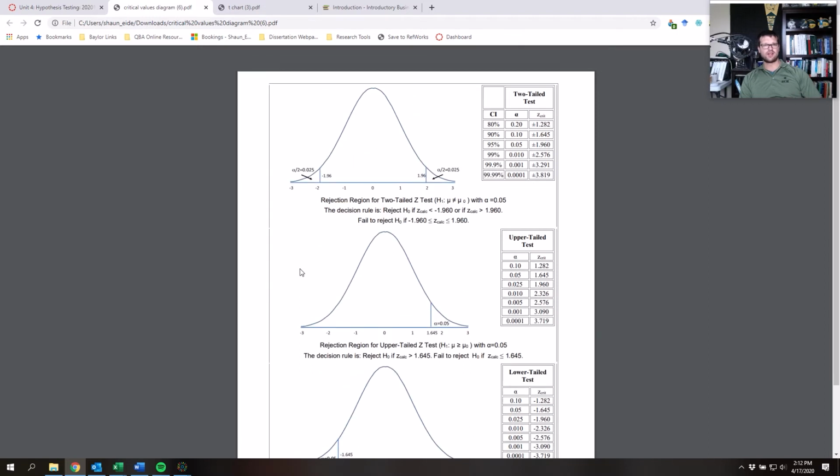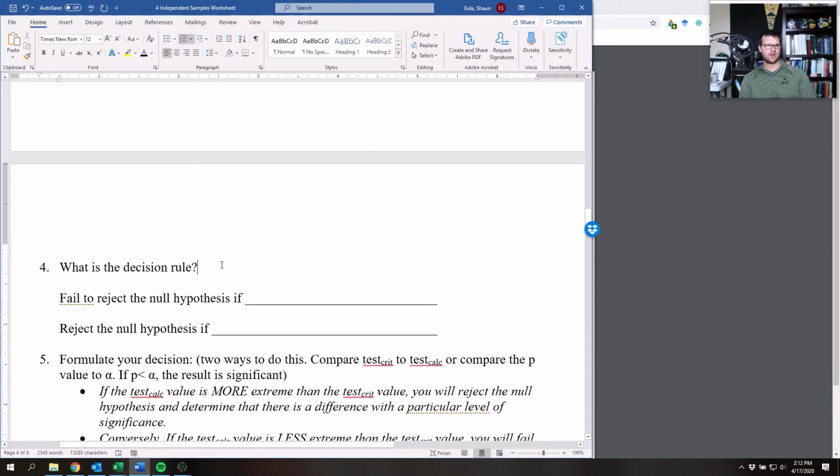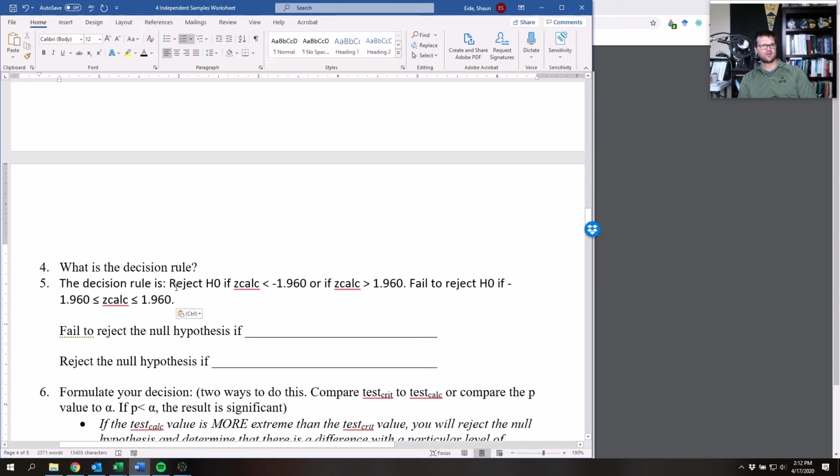So the decision rule is, for a two-tailed test, I'm just going to copy this and go back to here. Decision rule is, reject the null hypothesis if zcalc is less than negative 1.96, or if zcalc is greater than 1.96.